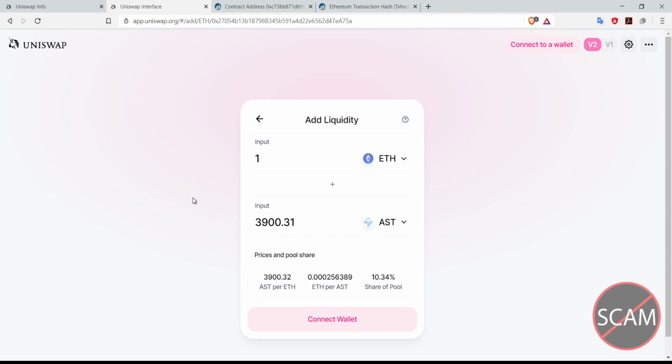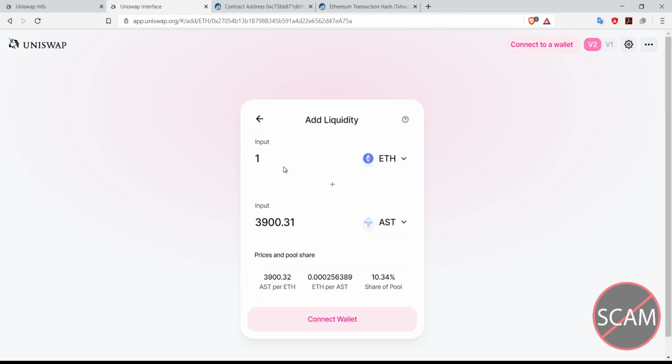So when you add liquidity, you have to add an equal amount of Ethereum and the token that you're adding liquidity for. And the reason you need to add an equal amount is because when you add liquidity, you're basically saying, all right, I'm going to put the funds onto Uniswap, and then if people want to buy or sell, they will be able to use my funds to do that.